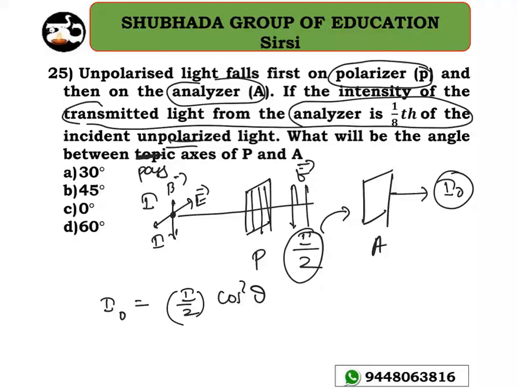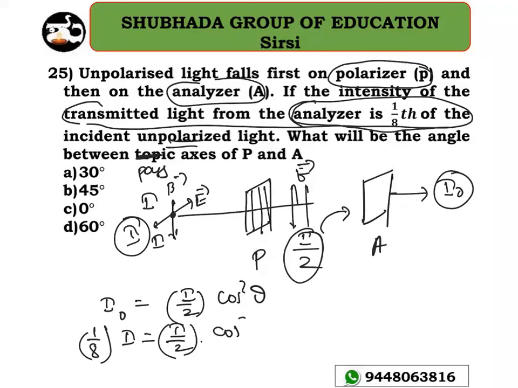They have given that the intensity of the light passing from the analyzer is 1 by 8th of the incident unpolarized light, where the incident intensity is I. So 1 by 8 times I is equal to I by 2 into cos square theta.